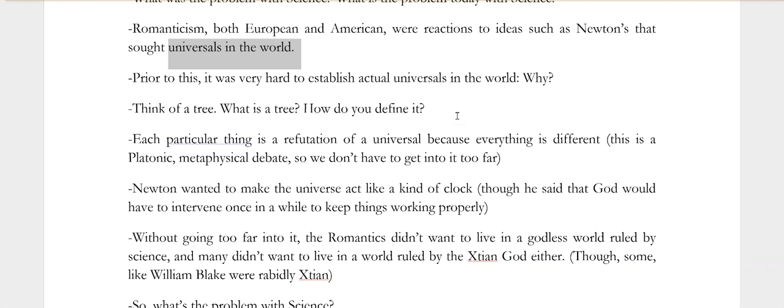Now, why? If we think of a tree, if you've taken English 119 with me, this can go right back to Plato. How do we define things? We think of Plato's levels of the forms. What is a tree? How do you define tree? Each particular thing is a refutation of a universal, because every particular thing in that category is slightly different.